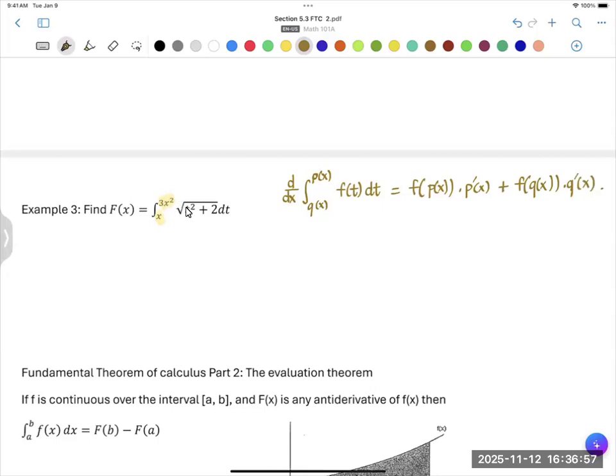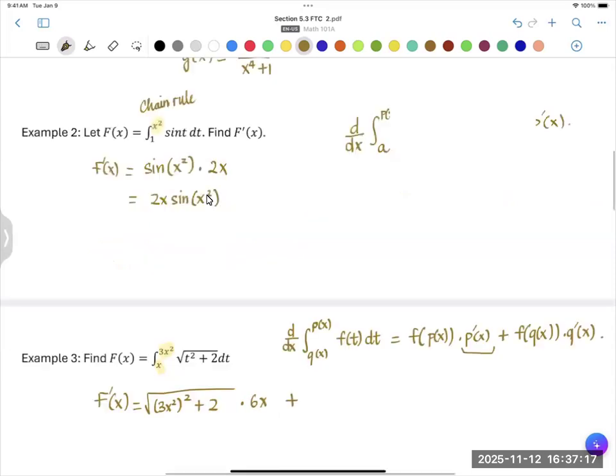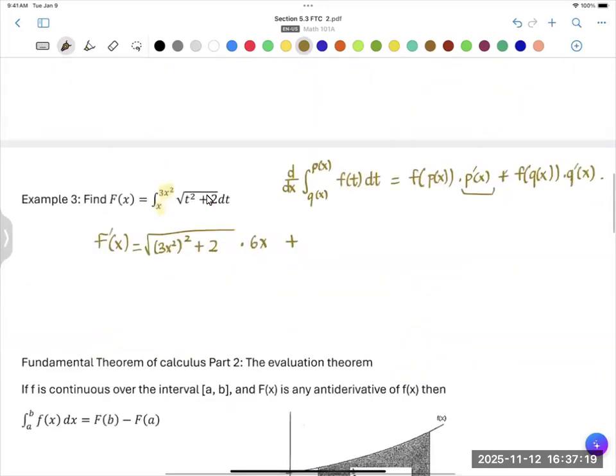So f of the upper bound means I'm going to replace everywhere I see a t by 3x squared. So we're going to have g prime of x be the square root of 3x squared to the power 2 plus 2, times p prime, so it's going to be 6x. Plus or minus, I think minus. I put the formula wrong, it's a minus.